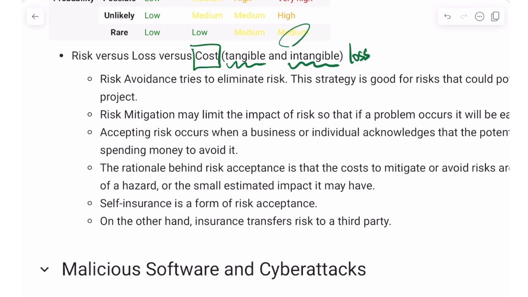So this is how we calculate loss and cost and risk. Okay, so again, there are several different approaches to deal with the risks. For example, the first one is risk avoidance. That means trying to eliminate such a risk.